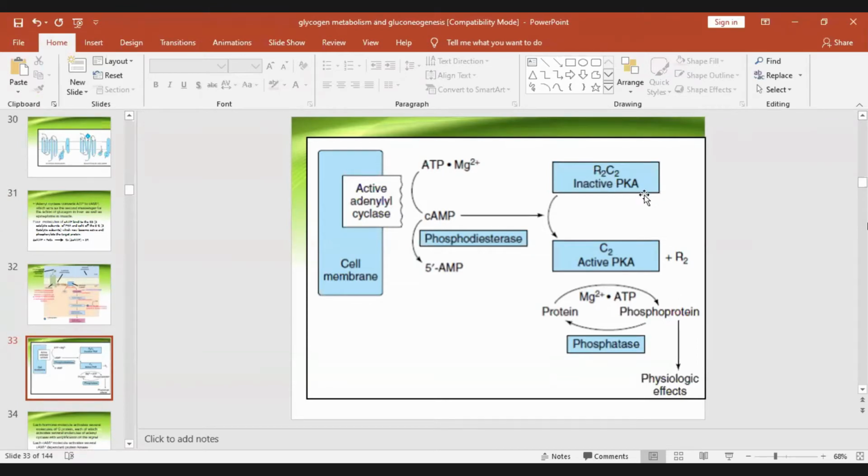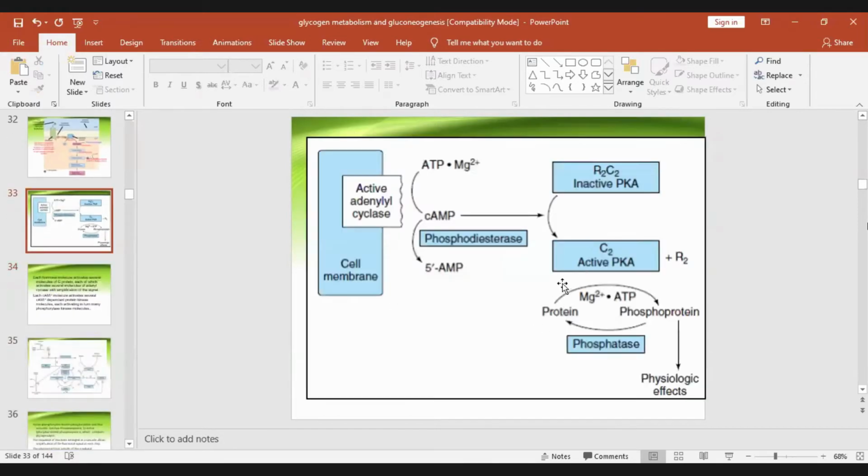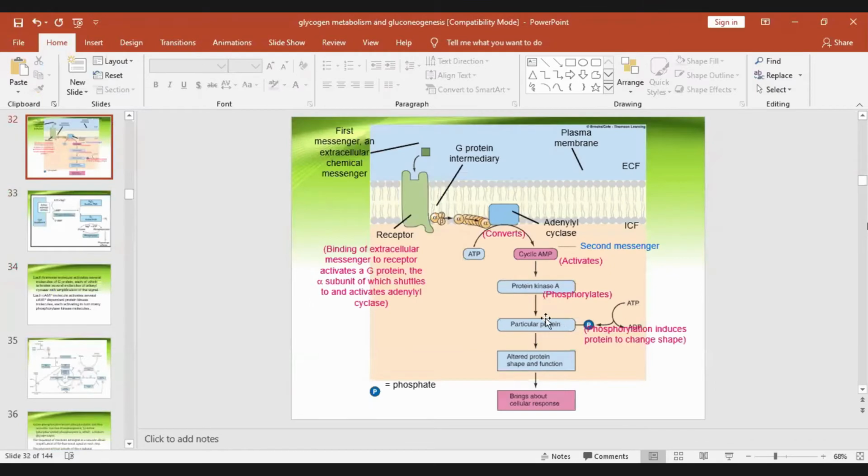These are the inhibitory ones that hold it, keeping it in an inactive state. As the R2 is removed by cyclic AMP, it becomes active protein kinase A. And this protein kinase A then activates further enzymes. So cyclic AMP activates protein kinase A. Protein kinase A activates, I'll show you.